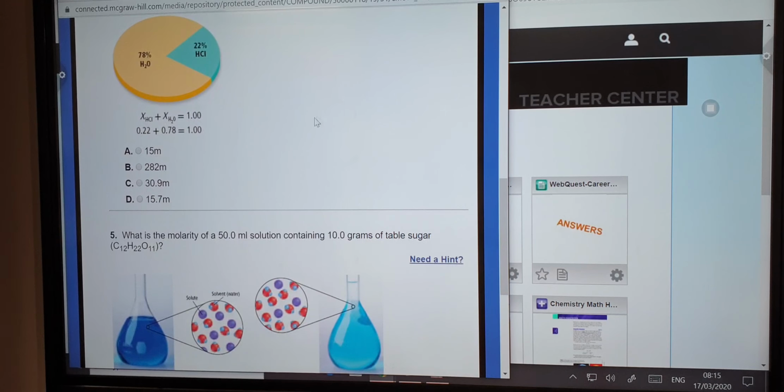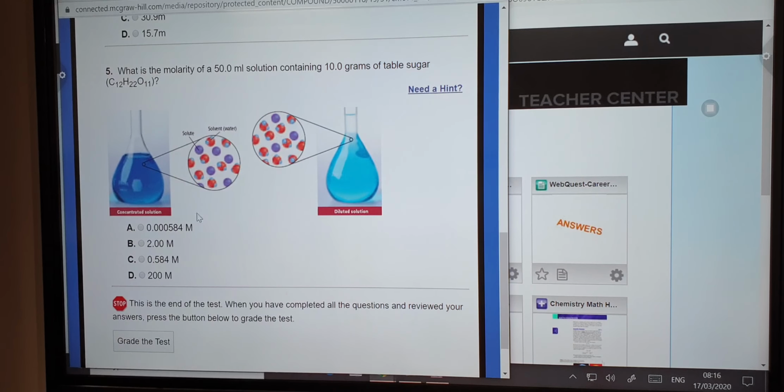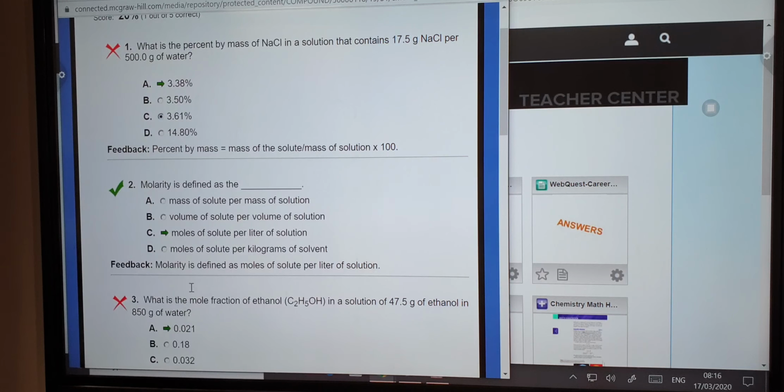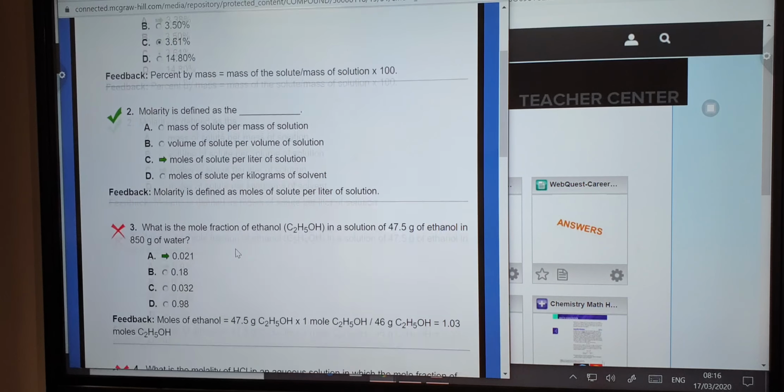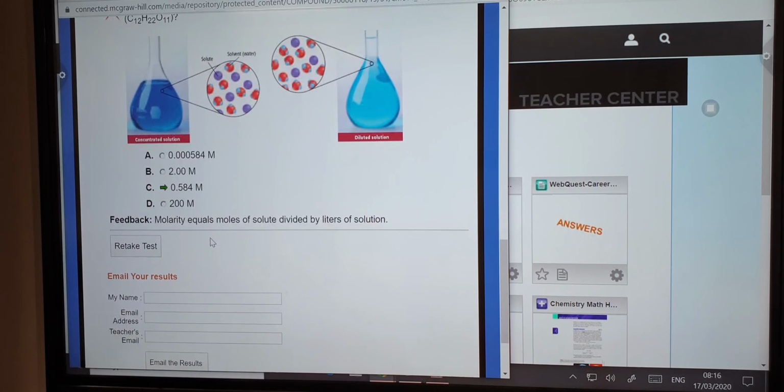You must calculate it. What is the molarity of a 50 milliliter solution containing 10 grams of table sugar, C12H22O11? So you must solve it. When you grade the test, the percent will be 3.38%. Molarity is the moles of solute per liter of solution, as we studied. This must be calculated. Okay.